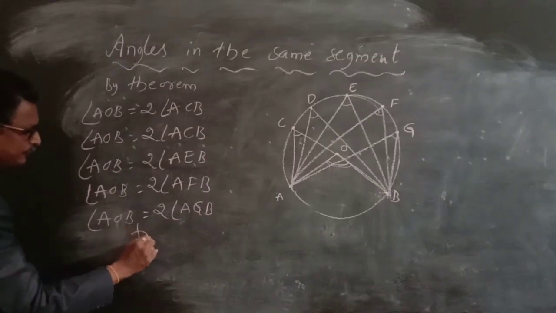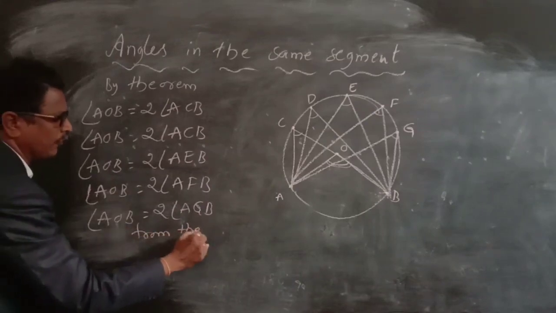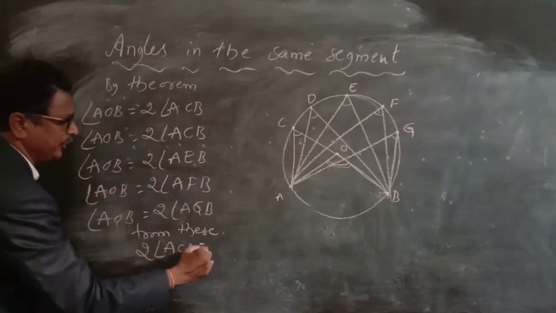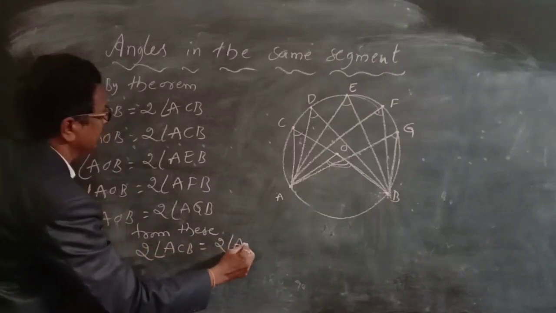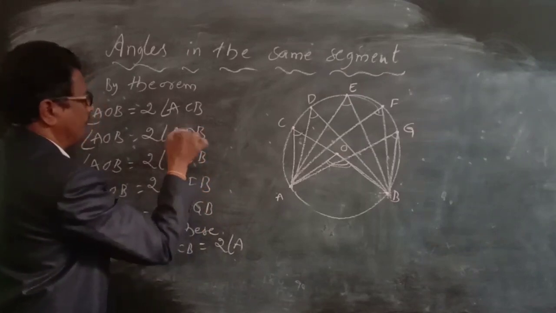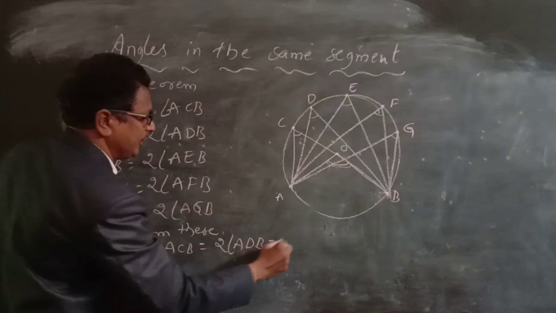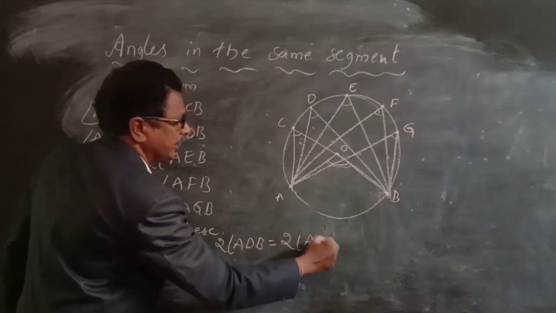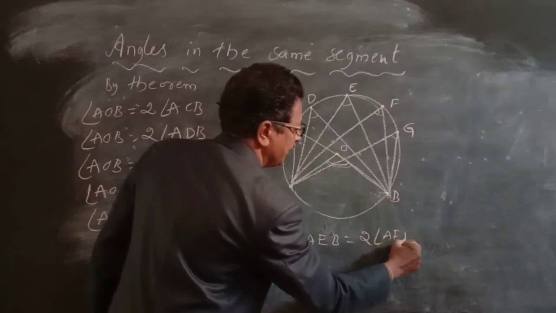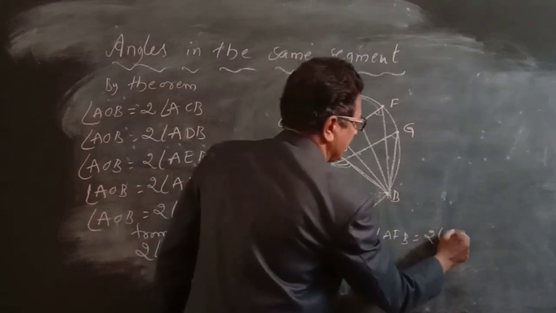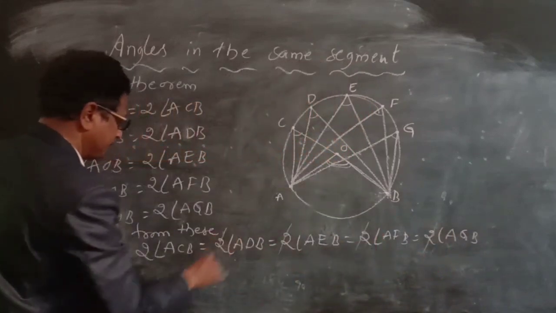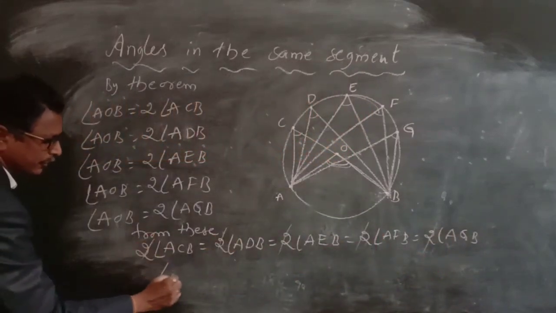From this, 2 angle ACB equals 2 angle ADB equals 2 angle AEB equals 2 angle AFB equals 2 angle AGB. What to conclude?